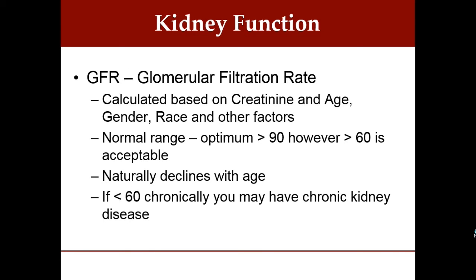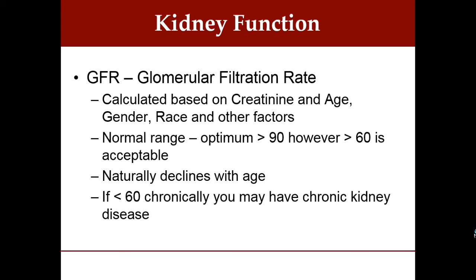Another value to look at is what's called the glomerular filtration rate, otherwise known as GFR. That's not a test that's specifically done from blood, but it's calculated by the lab if you were to have kidney function done. It basically takes into account your serum creatinine that we just mentioned, your age, gender, race, and some other factors.